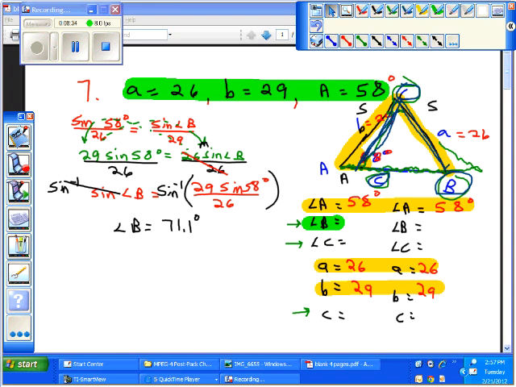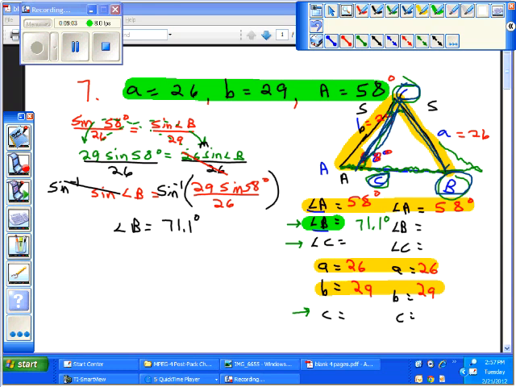Now I'm going to go ahead and put it in green here just to kind of try to match. So 71.1 degrees possibly for the first choice of angle B. Now what we want to do is say, well, is that even possible for that to be true? Well, to check that, you would need to check to see if angle A and B add up to 180 or more than 180 already. If they do, you can't even have a triangle.